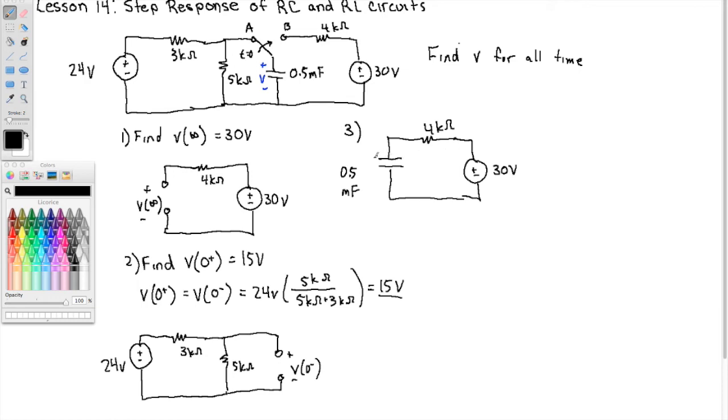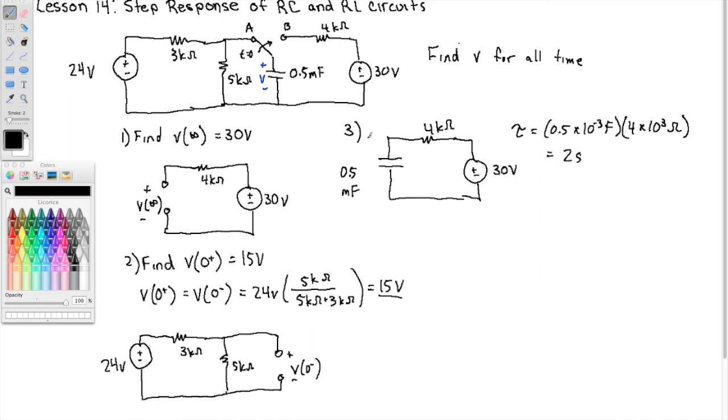So the equivalent resistance looking into the capacitor, remember we short out the voltage source, and we see only the 4 kilo ohm resistor. So the tau here, the time constant, is 0.5 times 10 to the minus third farads times 4 times 10 to the third ohms, RC. I guess I wrote it as CR. Sorry about that. So the 10 to the third and the 10 to the minus third cancel, and we get 0.5 times 4, which is 2 seconds.